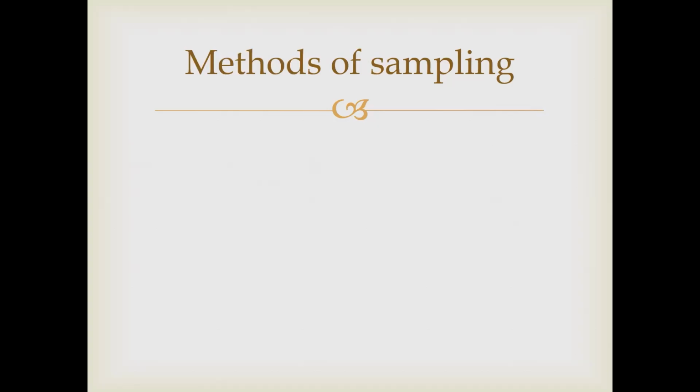Methods of sampling. We have understood what is a sampling unit, which is to be taken from the sampling frame, and a sample size consisting of a sufficient number of sampling units must be selected. But how do you select? Methods of sampling. Okay.